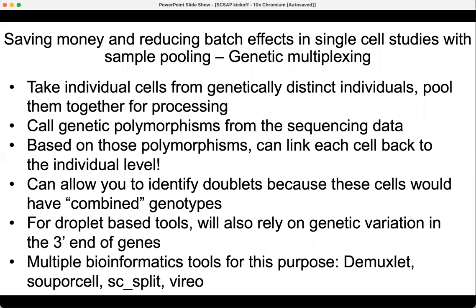And what we do is we look in that sequencing data and we can call genetic polymorphisms. And then based on those polymorphisms in each cell, you can link which individual that cell came back to. There are some really nice advantages here because it lets you identify doublets, because those cells would have combined genotypes. And then there are multiple bioinformatics tools available for this purpose, including Demuxlet, which was developed here at U of M.